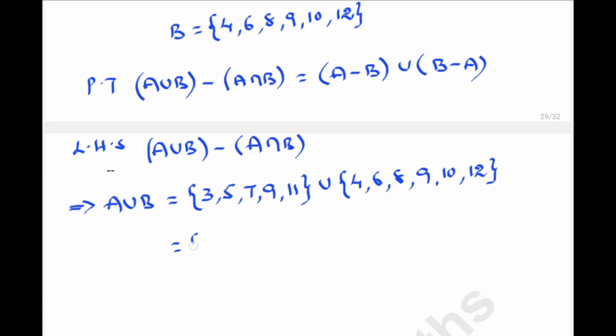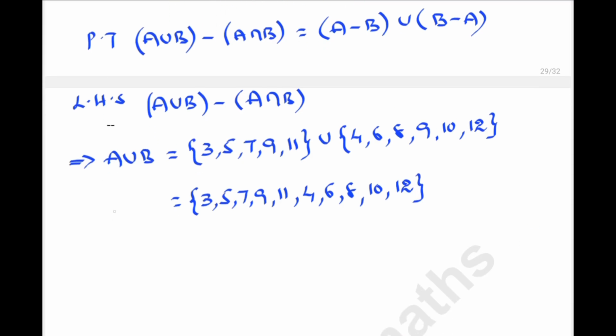Union means it is the set which has every element of A and B, without any repetition. Okay. 3, 5, 7, 9, 11. So 4, 6, 8, 9 is already covered, 10 and 12. Okay. So it is A union B.